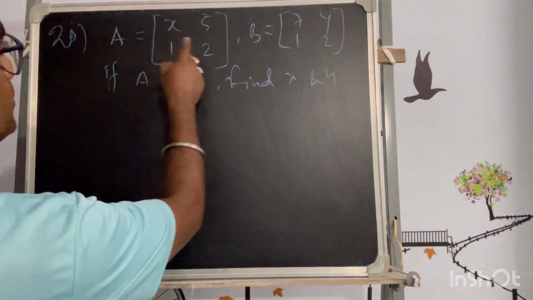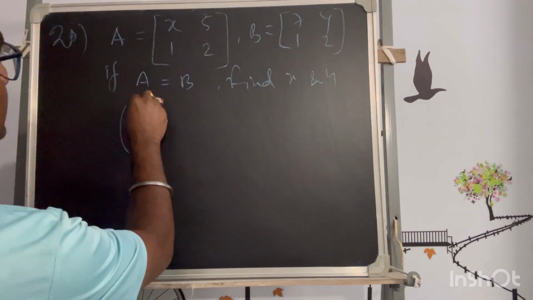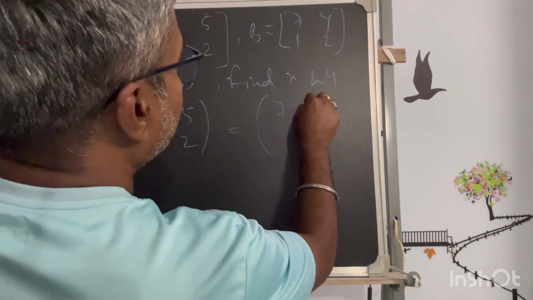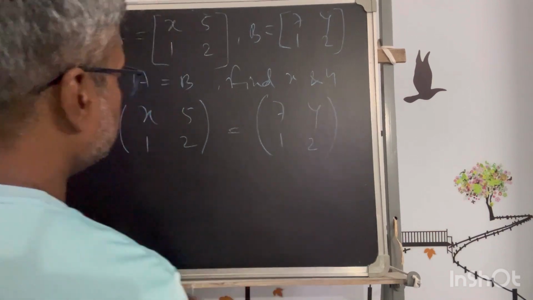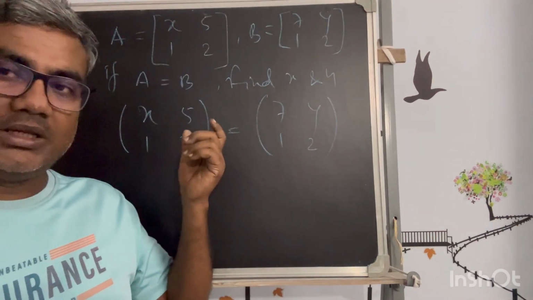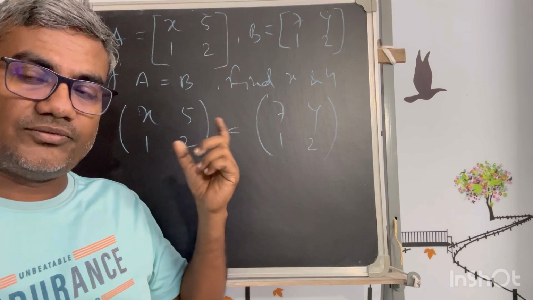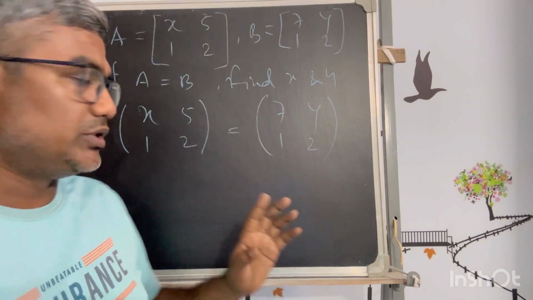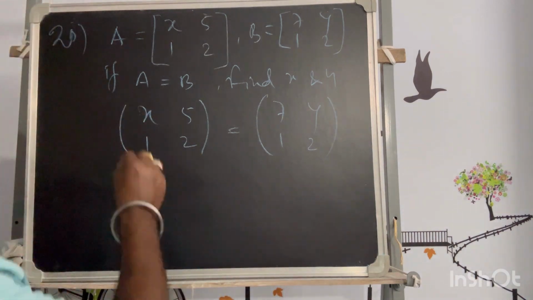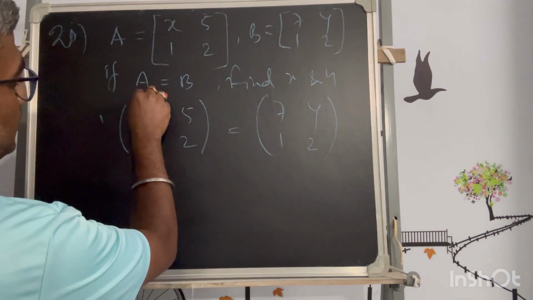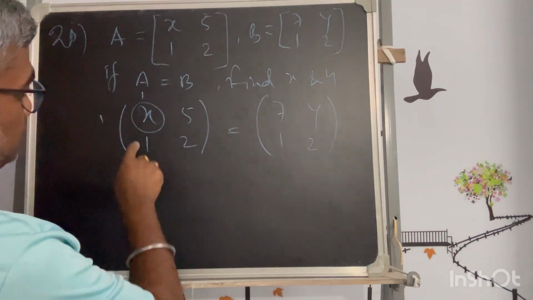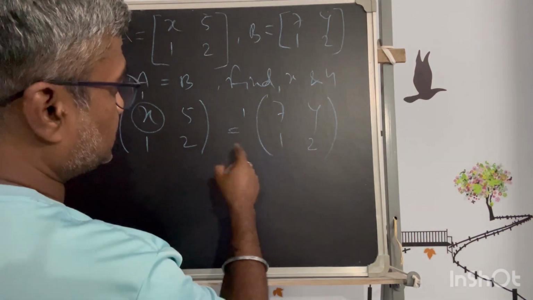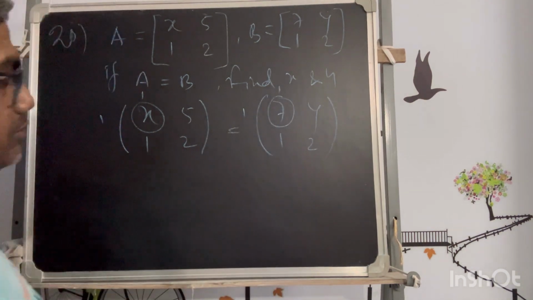Okay, so now A is equal to B, that means this is equal to this. If I keep the matrices side by side, when the matrices are said to be the same, the one concept is that their respective elements in the same places have to be the same. So if I say row 1, column 1, the position element is X, then if I compare the matrices which are the same, the element at that position has to be the same.